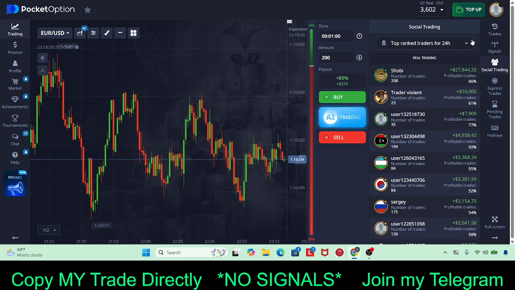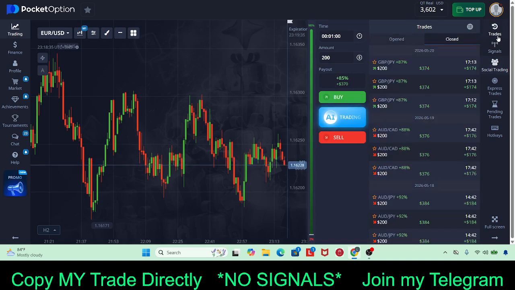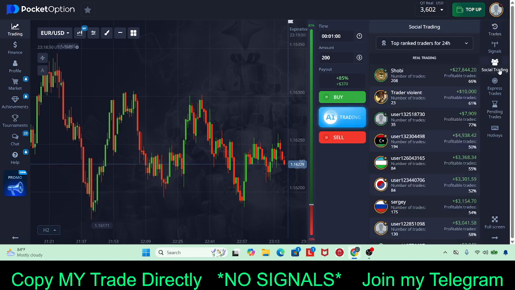Now, in order to get our UID, you first need to join our free Telegram channel and see the latest instructions there on how you can get our UID. And once you get that UID, you will be able to copy the kind of trades that we make on a daily basis.